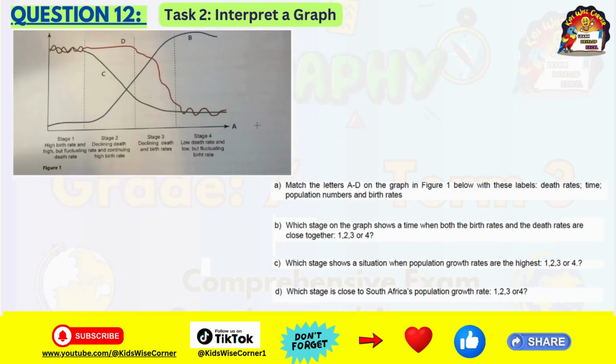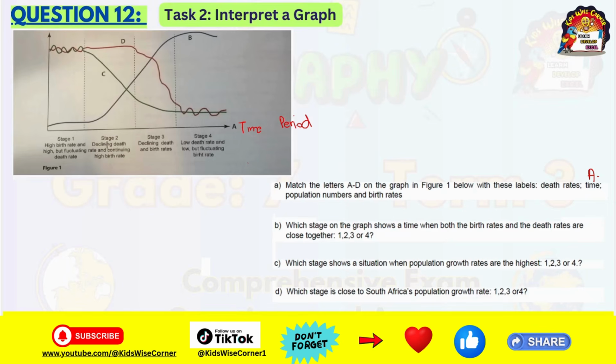This is the time period that has elapsed. So A is the time period. Here it says high birth rate and high but fluctuating death rate. So we still are not sure which one is the birth rate and which is the death rate.